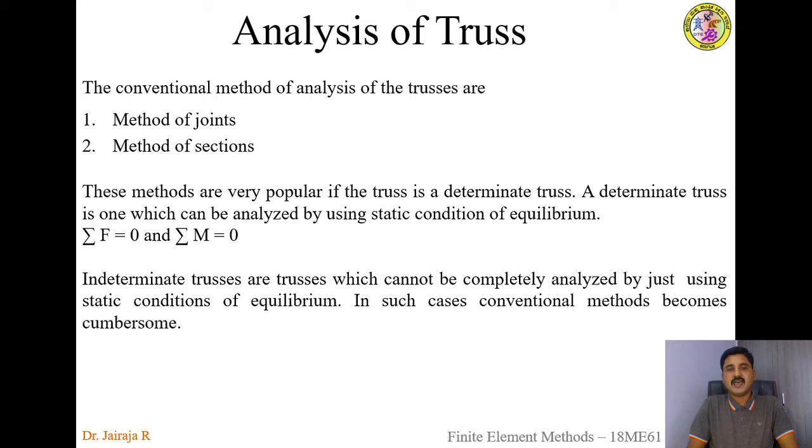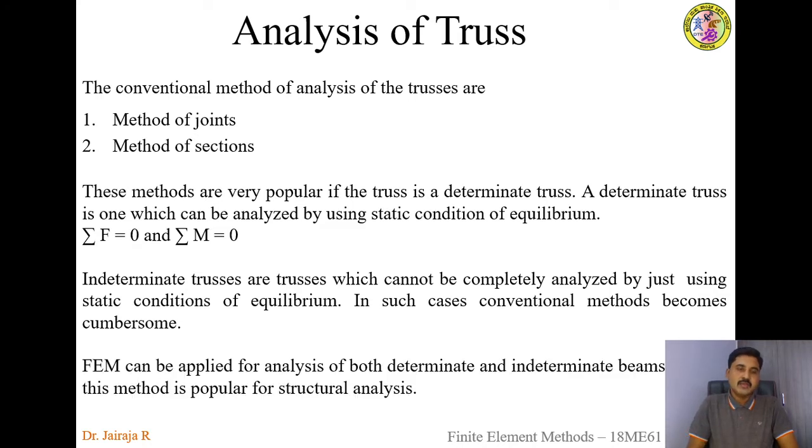Indeterminate trusses are trusses which cannot be completely analyzed by just using static conditions of equilibrium. In such cases, conventional methods become cumbersome. So FEM can be applied for analysis of both determinate and indeterminate trusses and beams. Hence, this method is more popular for structural analysis.